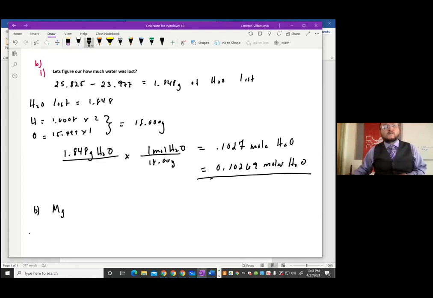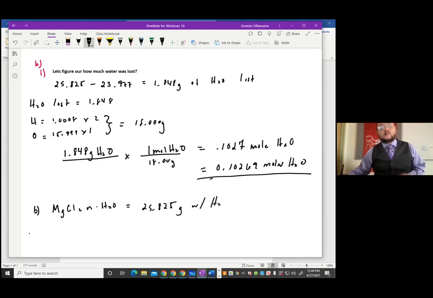MgCl2 and H2O has a total mass of, sorry, I'm just pulling up the question over here, 25.825 grams. This is with water.